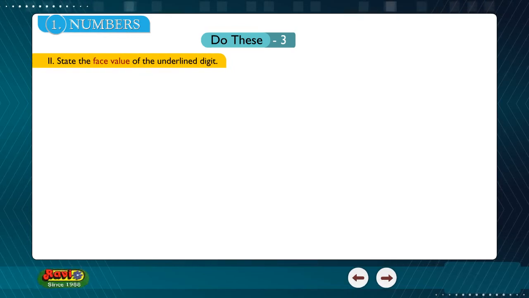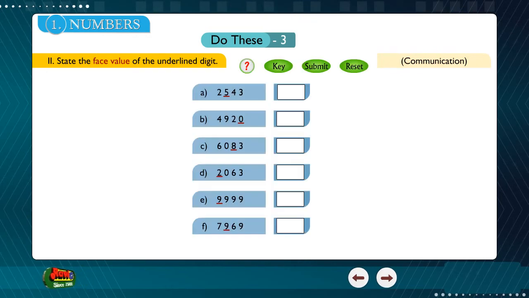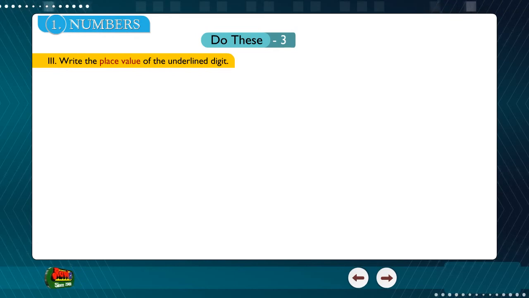State the face value of the underlined digit. Communication. 3. Write the place value of the underlined digit.